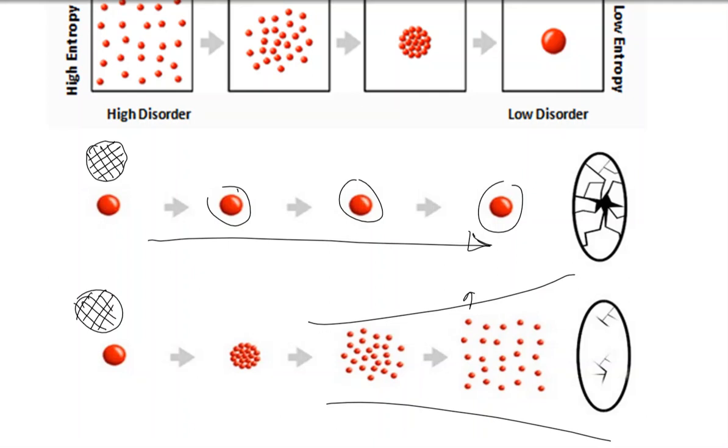Some of the marbles will hit the mirror, some will not. So what would happen? Most probably the mirror will not break. It will have some cracks. Some of the small marbles will hit the mirror, some of them will not hit properly, and some will scatter somewhere.